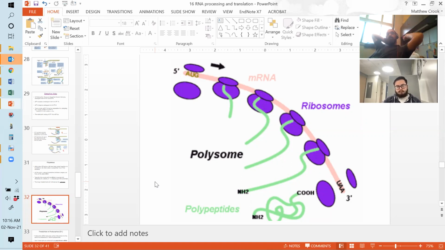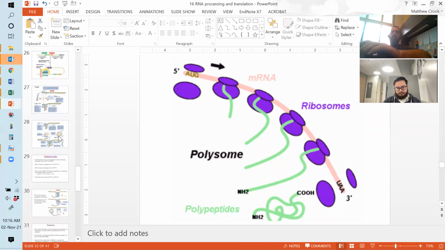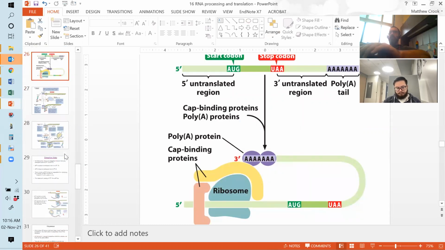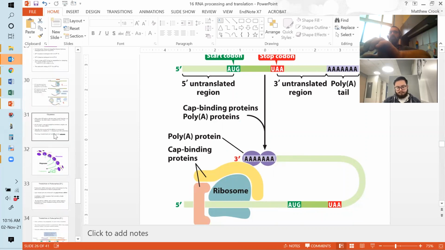So it's a very good way of scaling up. And obviously whether or not this happens is determined in large part by how efficient the initiation of translation is, at least in eukaryotes. It's controlled by other stuff in prokaryotes.